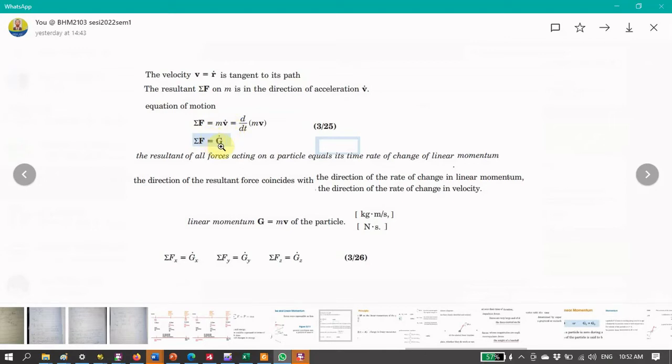So equation 3.25 tells us that the resultant of all forces acting on a particle is equal to the time rate of change, right? So you have a rate of change, and this one is due to the time, of the linear momentum.